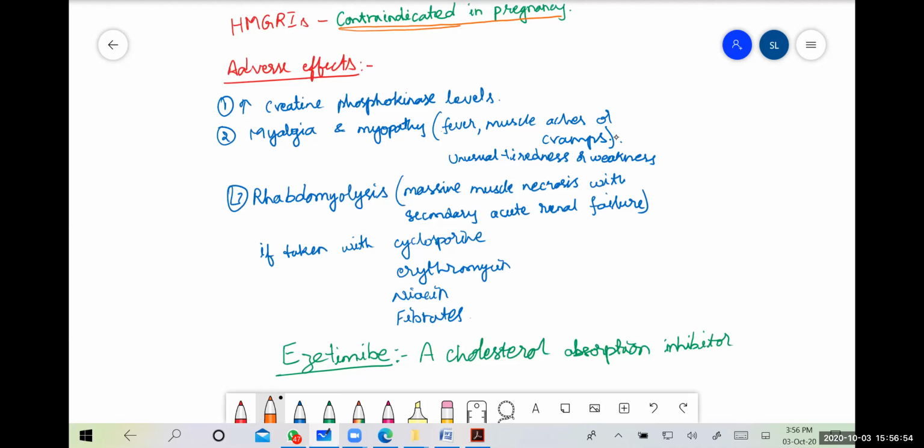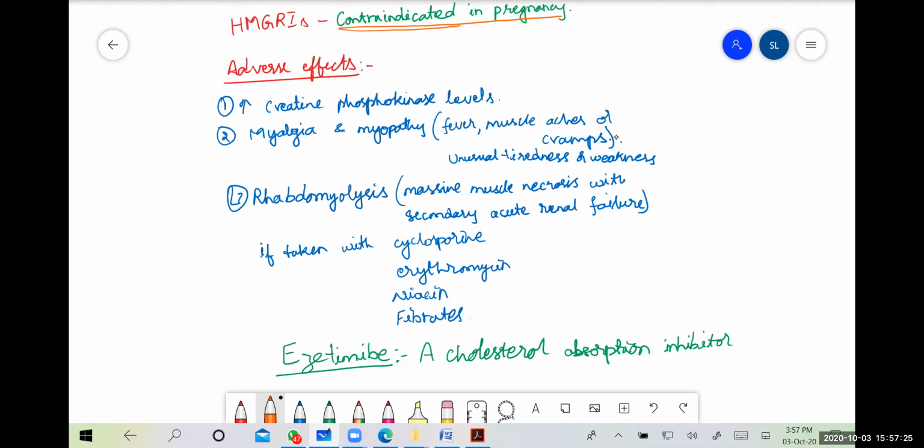Then coming to the adverse effects. The adverse effects of HMG-CoA reductase inhibitors are also very important for the GPAT questions. We have important things to remember. What is the enzyme which is increased, or you can say the liver enzyme, when the patient is on HMG-CoA reductase inhibitors? Creatine phosphokinase.